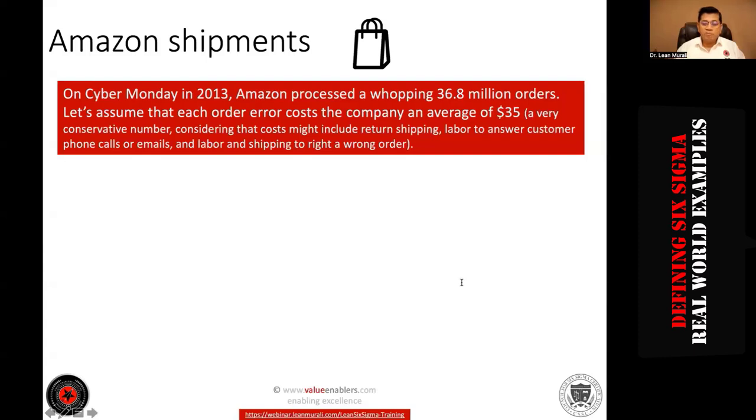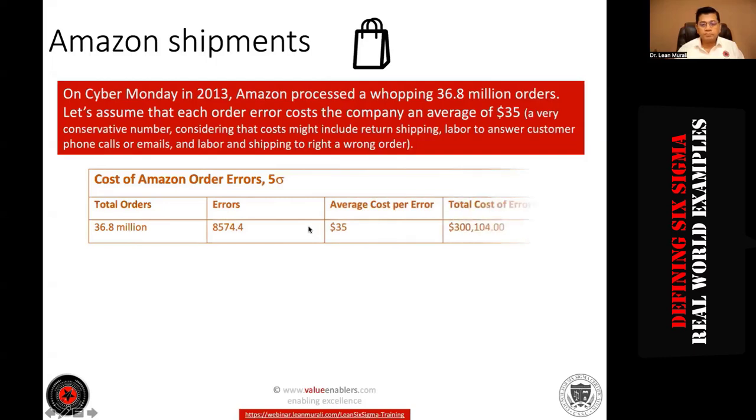So I want all of you to understand this statement very well. The cost of each error is $35. If you have understood this, type SC, super clear, in the chat box. If they make one error in processing, the cost of that error is $35. And imagine they process 37 million orders.